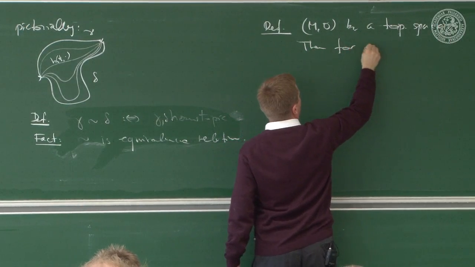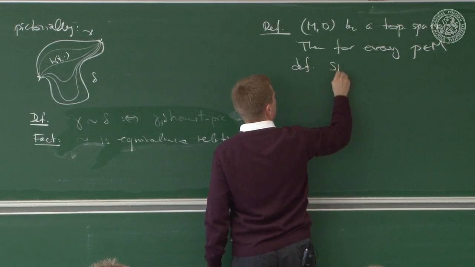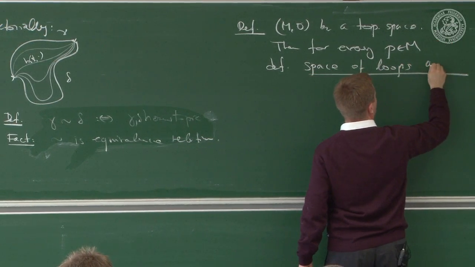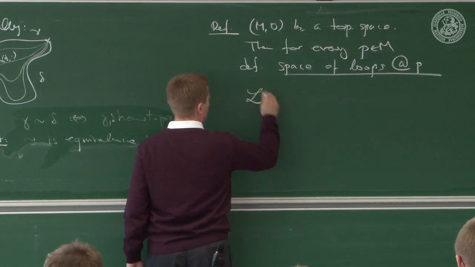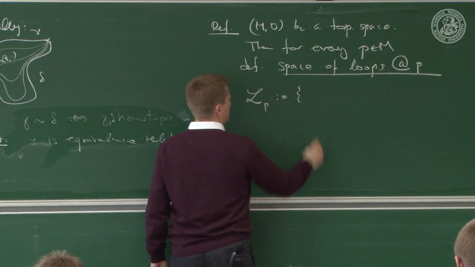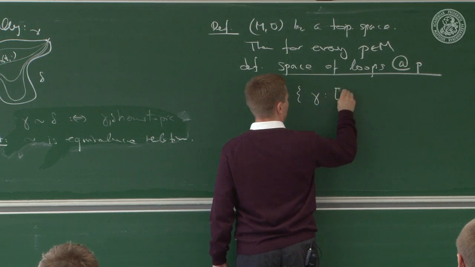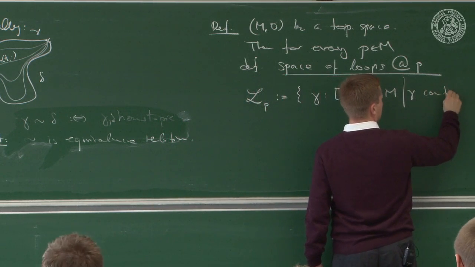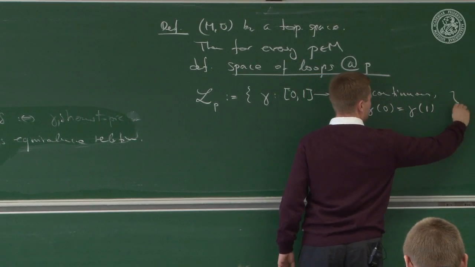Then for every P in M, we define the space of loops at the point P, call this curly L, the loops at the point P, as all the continuous curves gamma from 0 to 1 into M that are continuous, nice, but where also the starting point coincides with the end point.